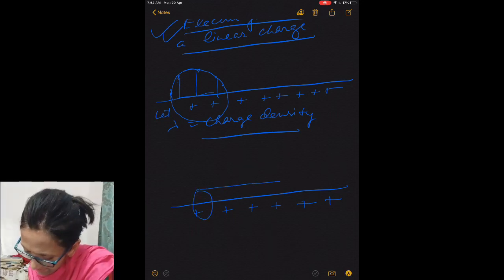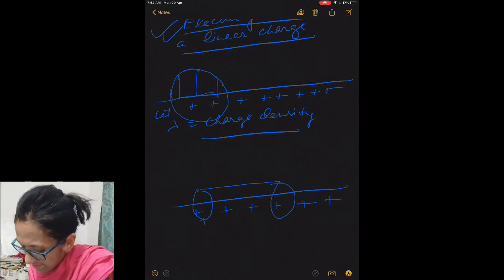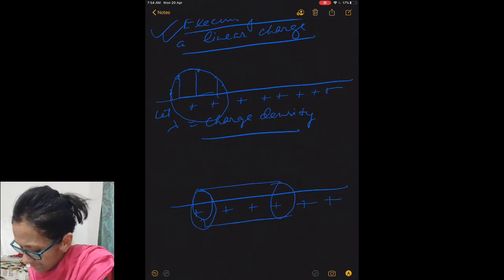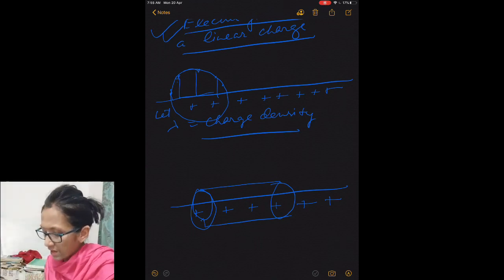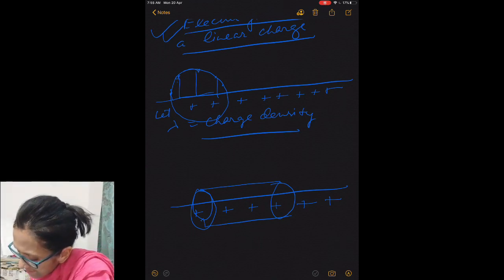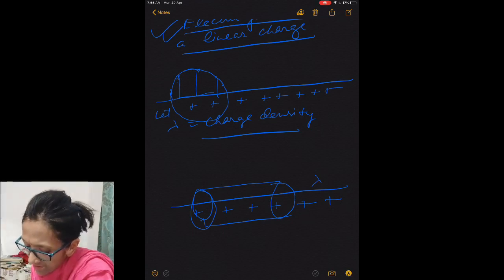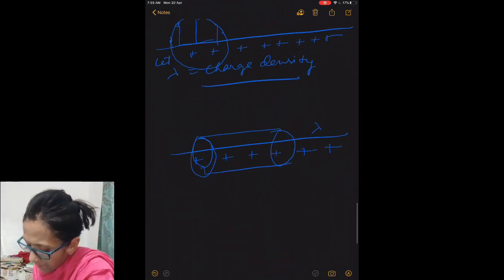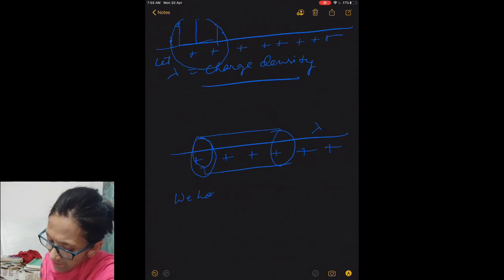So let us take another surface. Here I am taking a cylindrical surface, and linear charge density is lambda.